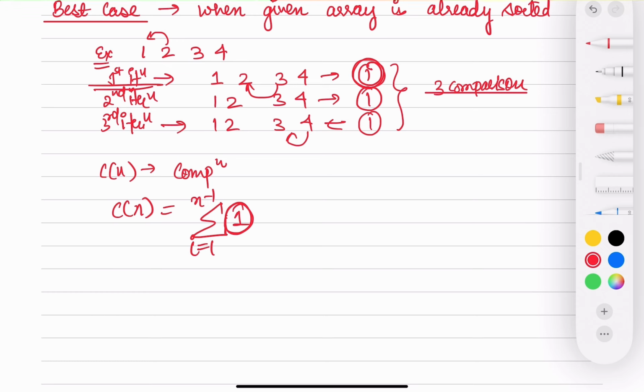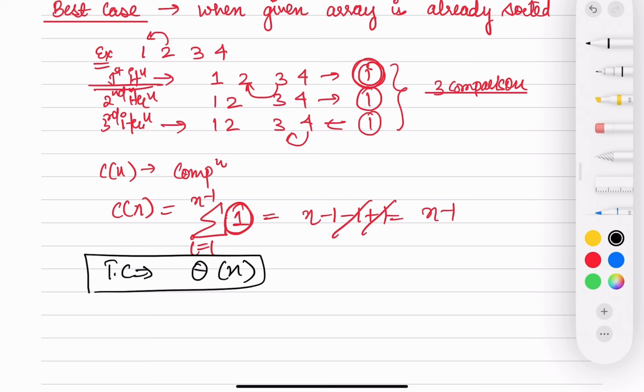If you solve this, you get n minus 1 minus 1 plus 1, which is n minus 1. So you get the time complexity of theta of n in the best case. I hope you have understood the best case.